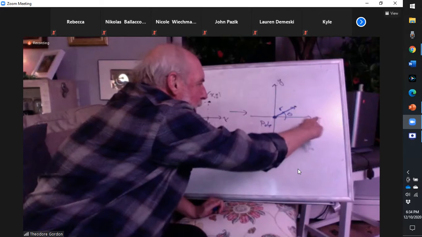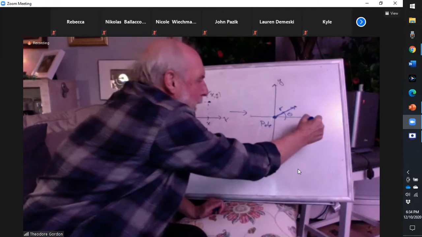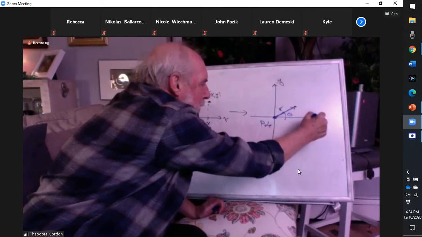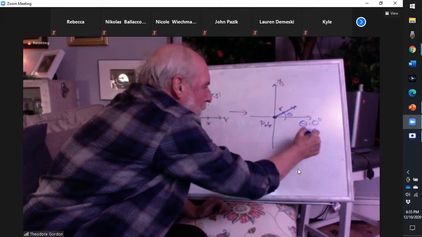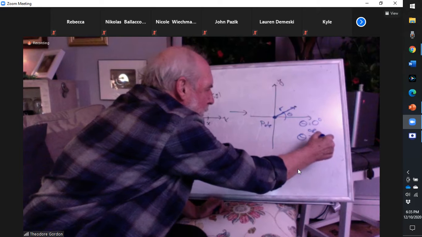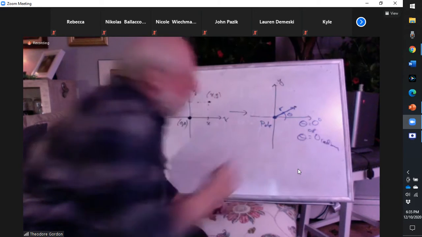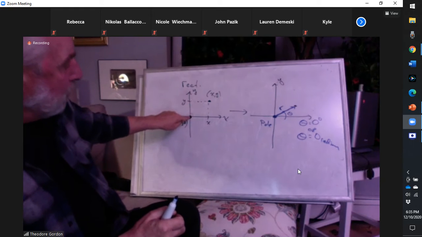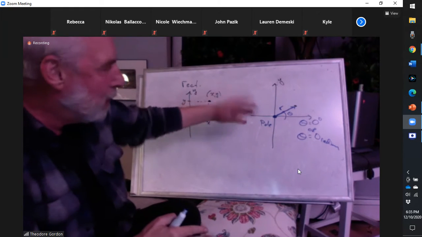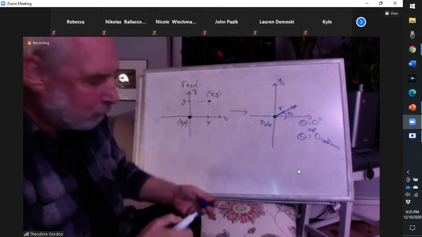So we're going to think of the x-axis as the 0 degree direction, or the 0 radian direction. Both of those are the same. So same point, same distance from the origin here, but now we have a different way to describe it.